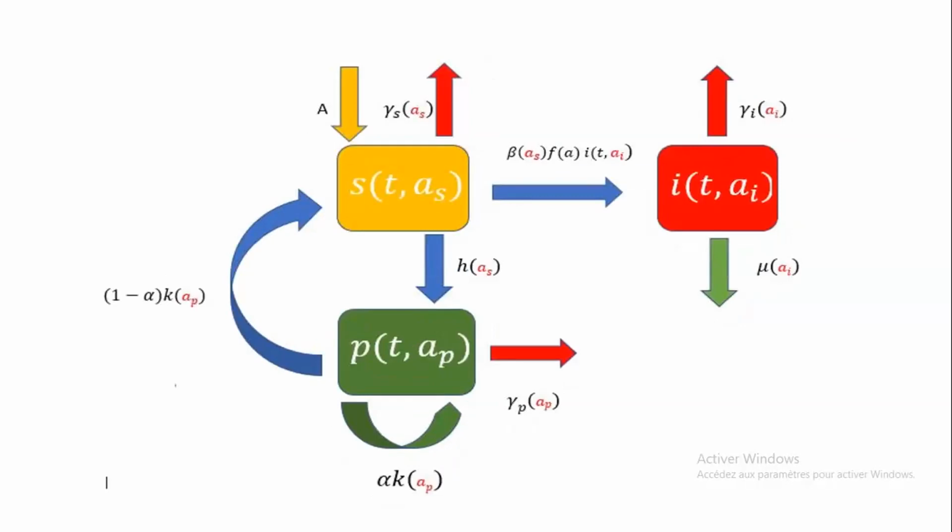Now, if we consider the period spent in each class, we denote by a_S the age of susceptibility, a_P the age of protection, and a_I the age of infection.